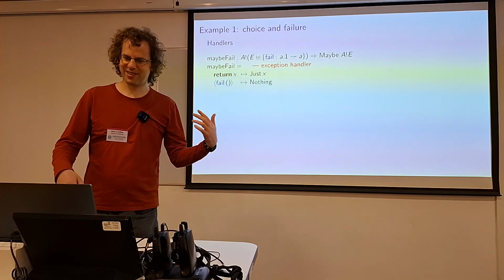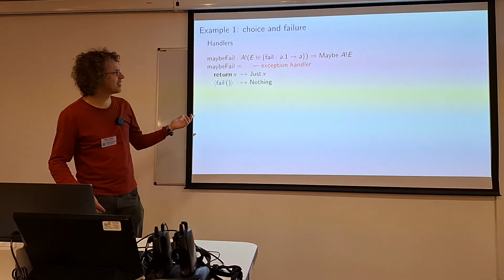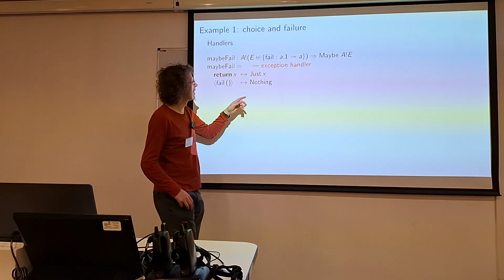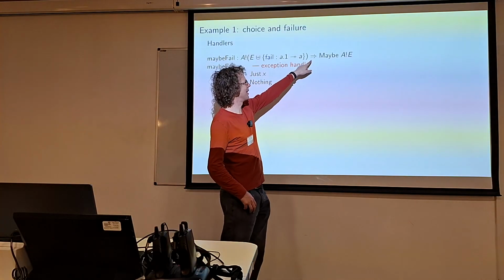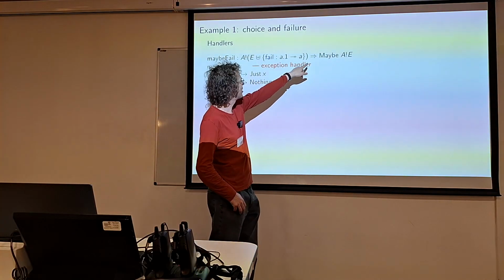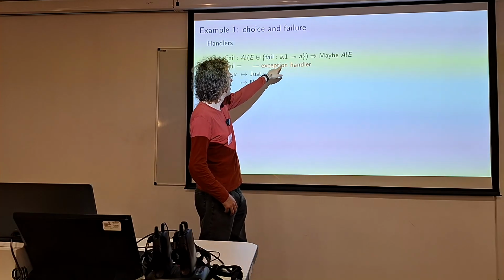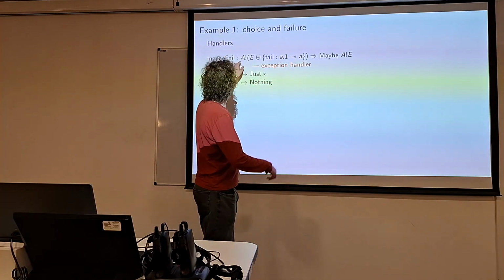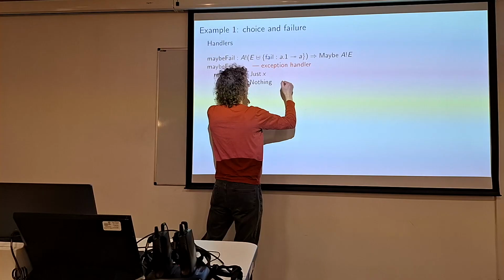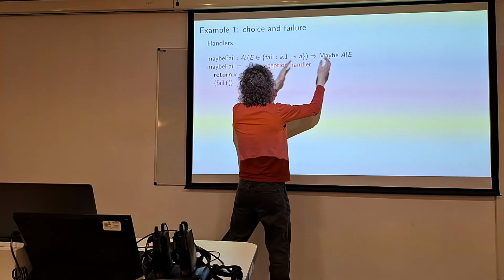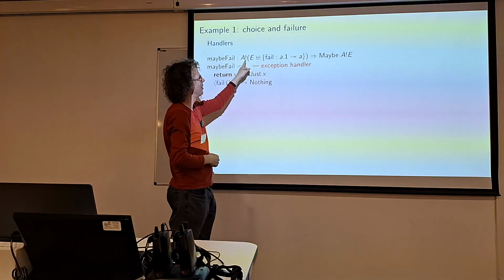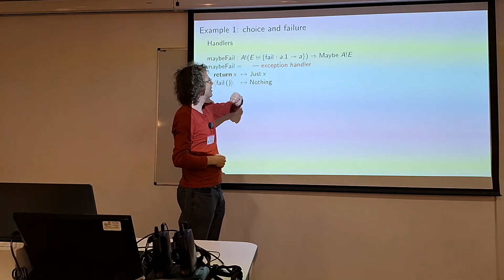And I showed these different kinds of handlers. Again, another bit of syntax I bring in here is the type of a handler. It takes a computation type to a computation type, and a computation type is a value paired with some effects.